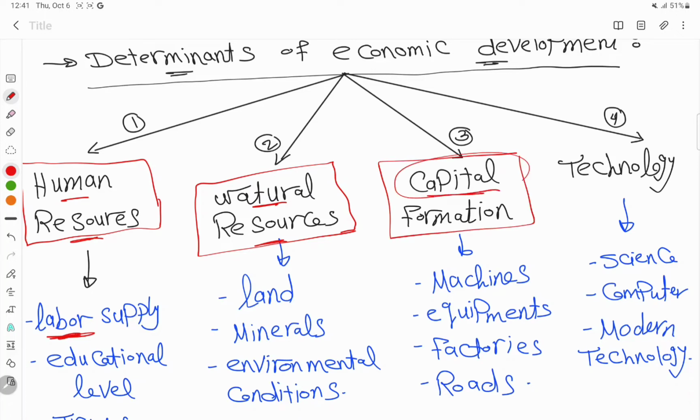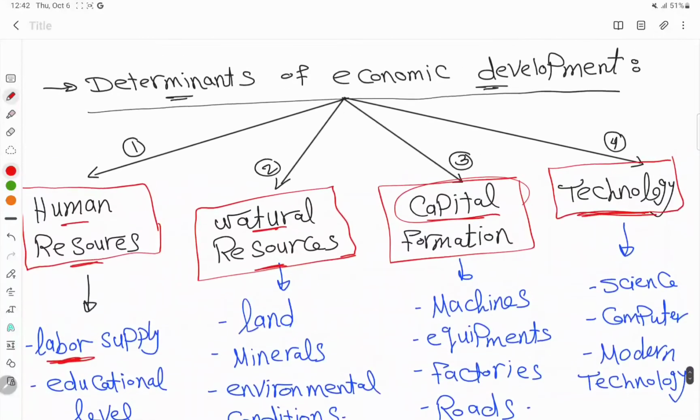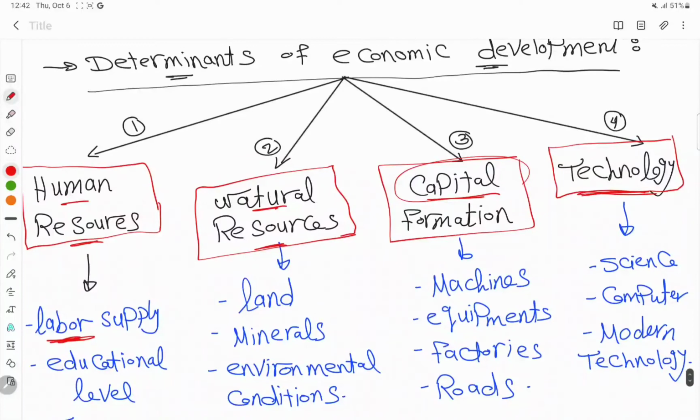Capital is very important for building factories and for buying machines and equipment. And fourth is technology. We can achieve growth without technology by traditional economy, but economic development needs technology for achieving it. So without technology we can't achieve economic development.